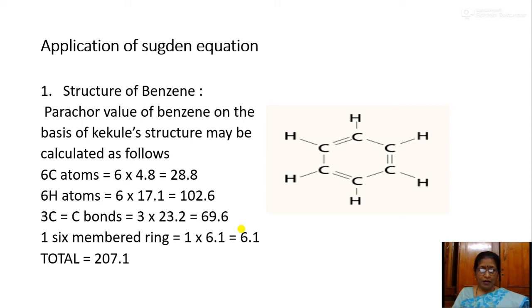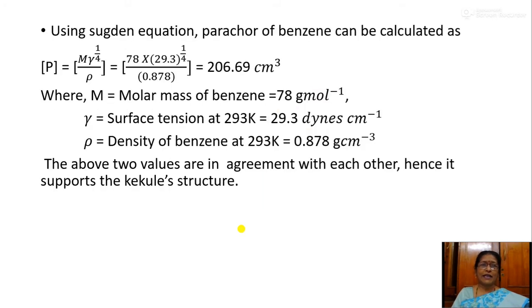When you sum up all these bonds, now you will get total is equal to 207.1.